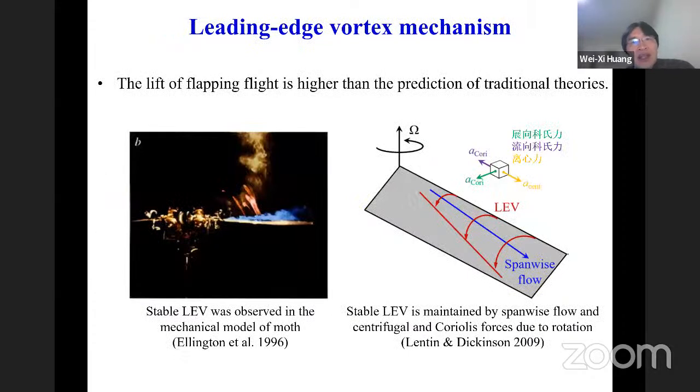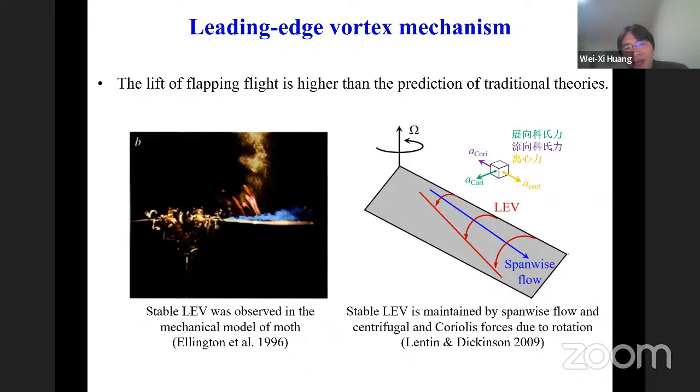The leading edge vortex mechanism was first observed in the mechanical model of Morse in the 1990s. It was found to enhance the lift force. But theoretically, for the 2D case, the leading edge vortex cannot be stably attached.